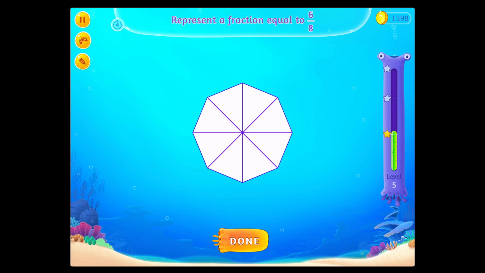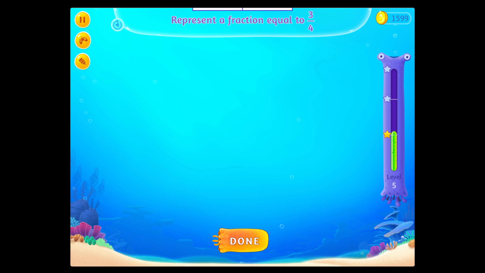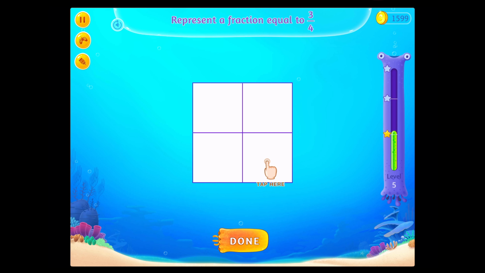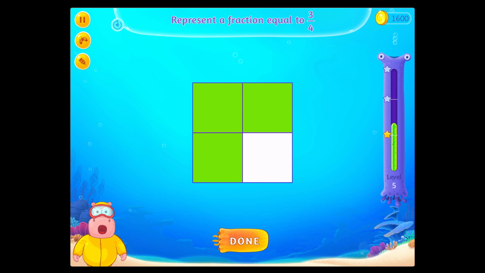Represent a fraction equal to 6/8. Fabulous! Represent a fraction equal to 3/4. You rock!